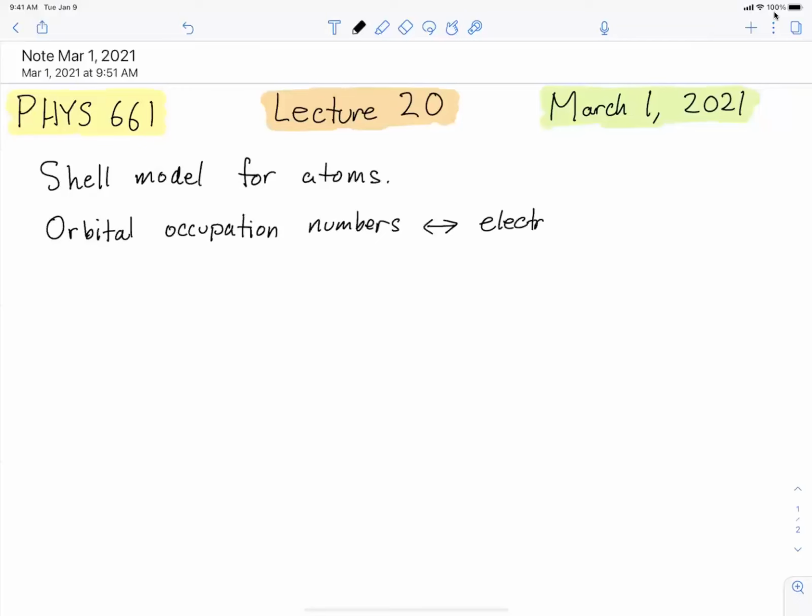And we're also interested in the angular momentum information, which is usually given in terms of the LS or Russell-Saunders spectroscopic terms.